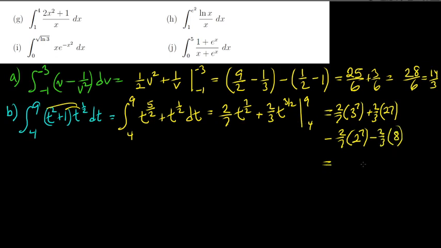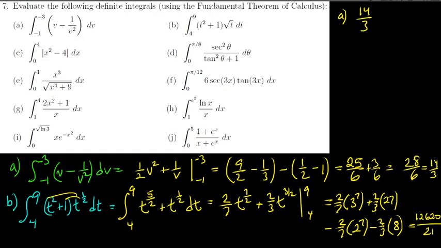So whatever that is, that's just arithmetic. Go ahead and do that. I'm thinking the answer is 12,620 over 21, but that's what's in the answer key, so I'm hoping that's right.